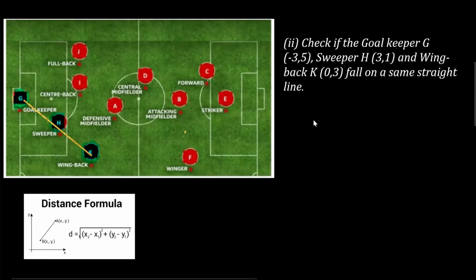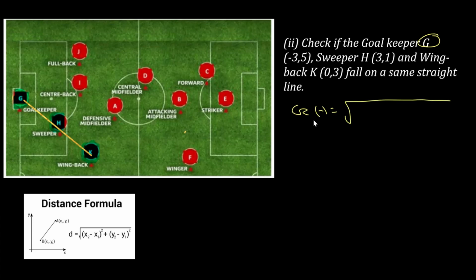So let's say I know the coordinates of G as this. I'm getting GH. GH should come as, applying this formula, x2 minus x1 whole square. So 3 minus (minus 3) is 6, 6 whole square, plus y2 minus y1: y2 is 1 and y1 is 5. So 1 minus 5 is minus 4, 4 whole square.